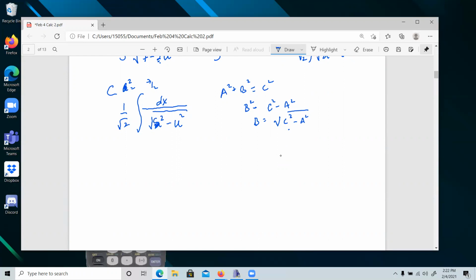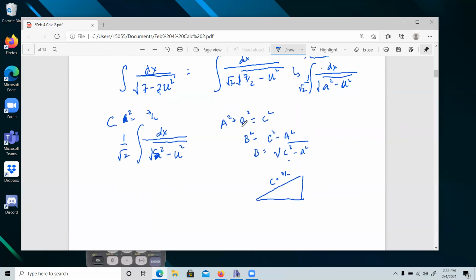That makes it real easy to remember. Okay, so if we have our triangle, here's our c, usually I like a to be the adjacent one. Let's see, c squared minus a squared.